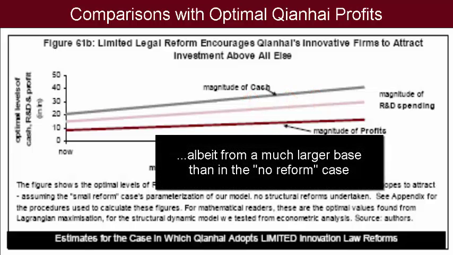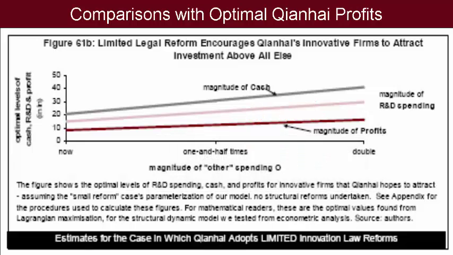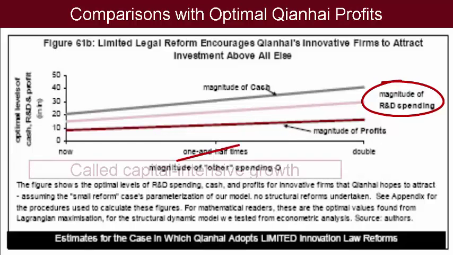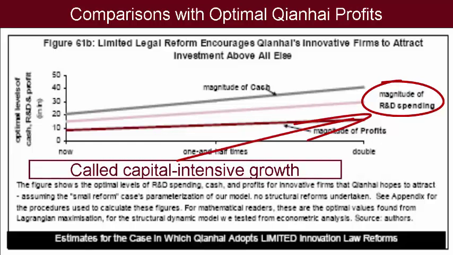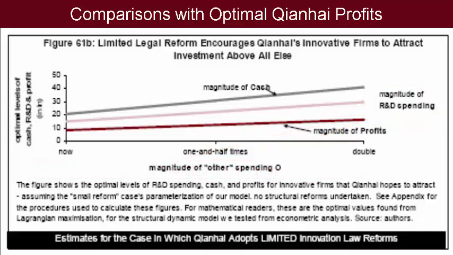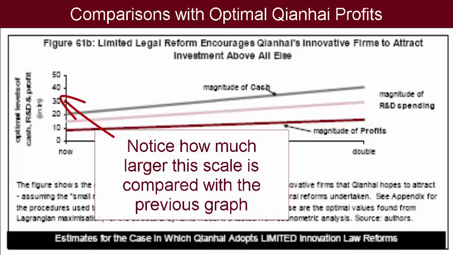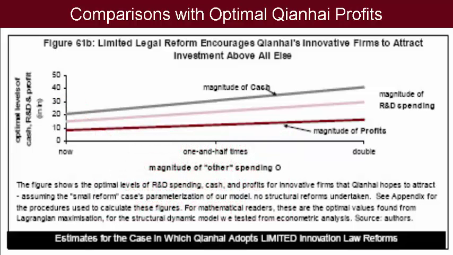We see the optimal level of profits fall significantly, in part because we see that the amount of R&D spending that these companies need to engage in increases exponentially. Thus, by only engaging in limited reform, we see that these companies have to plow in a large amount of other resources and engage in large amounts of R&D spending in order to grow the level of their optimal profits.